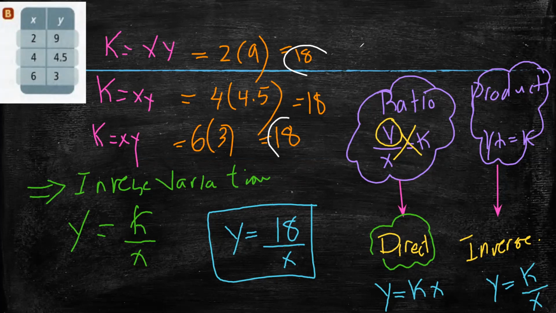Look here, divide by x, divide by x, so y will be k over x. Make a cross product, y is k times x. If you know the ratio and the product of them, you can find its equation.